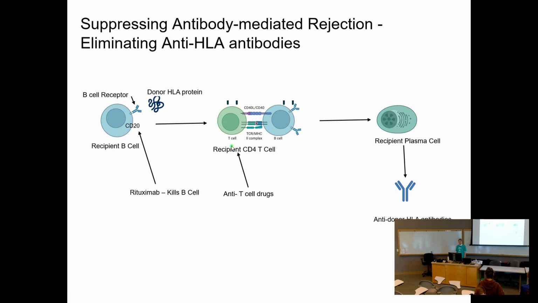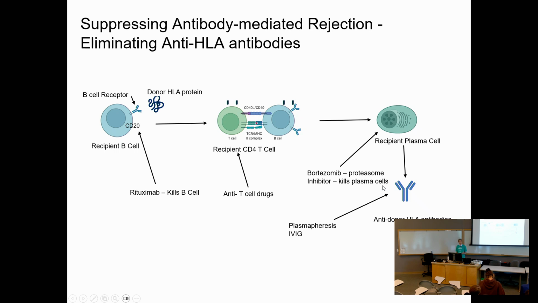The T cell drugs that we have can also work on these recipient CD4 cells, the follicular helper cells that come in to help B cells become plasma cells. And we have drugs for multiple myeloma, which is a plasma cell malignancy, that are also being used to kill off some of the plasma cells making anti-donor HLA antibody.